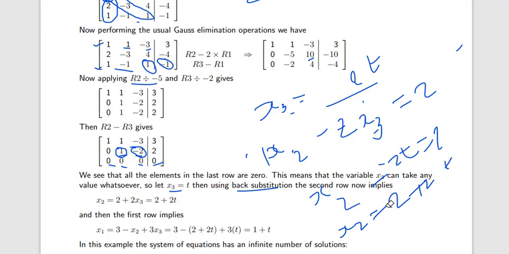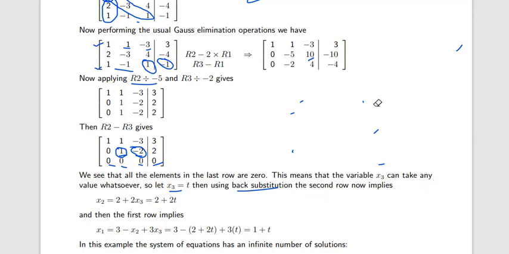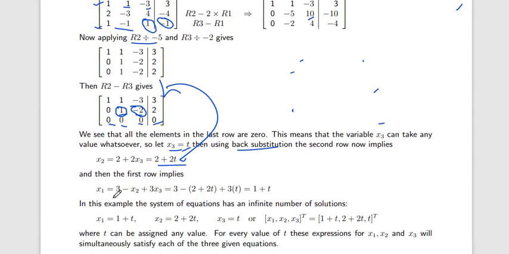So we get x3 is equal to t and x2 is equal to 2 plus 2t. Now if x3 is equal to t and x2 is equal to 2 plus 2t, and we apply that in the first equation, x1 minus x2 plus 3x3 is equal to 3, after calculation we get x1 is equal to 1 plus t.